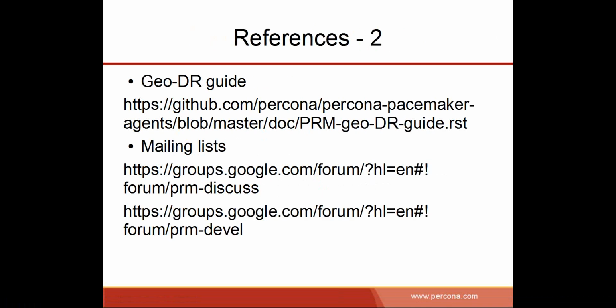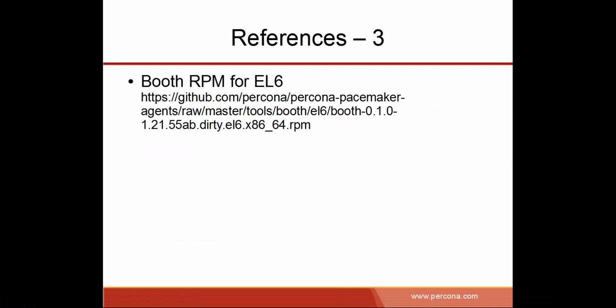There's a Geo-DR guide that basically recaps what we have just seen in a more documented way. And of course, there are two mailing lists, PRM Discuss and PRM Devel, that can be used if you have any questions. I'm responding to emails there as soon as I can.